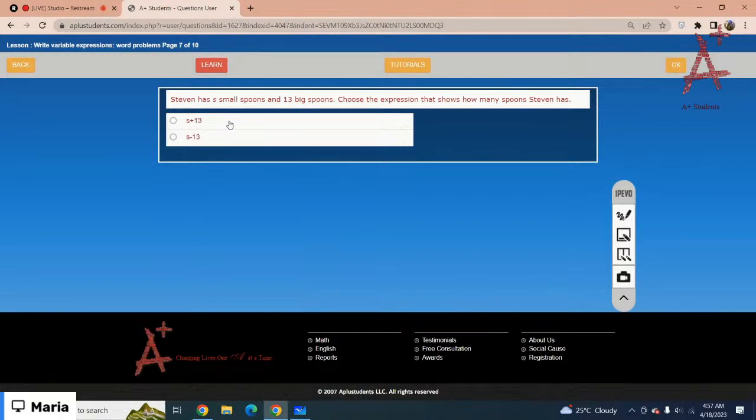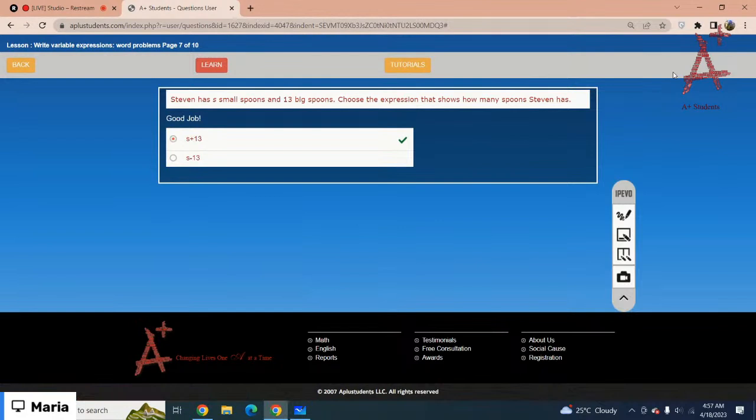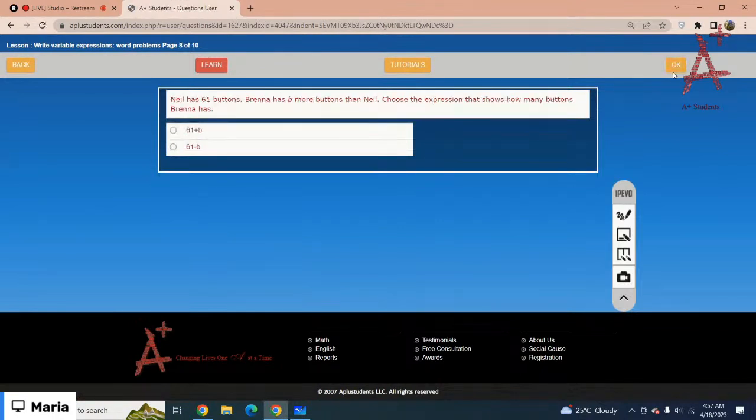We are working on grade 4 maths. The chapter we're working on is variable expressions, and the lesson is write variable expression word problems. Neil has 61 buttons. Brenna has B more buttons than Neil. Choose the expression that shows how many buttons Brenna has.